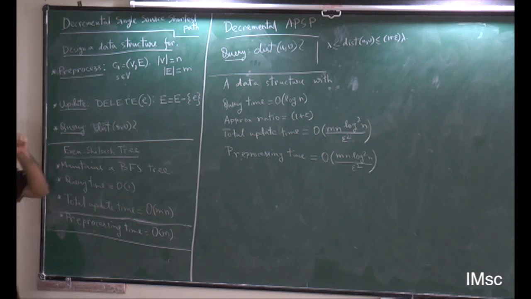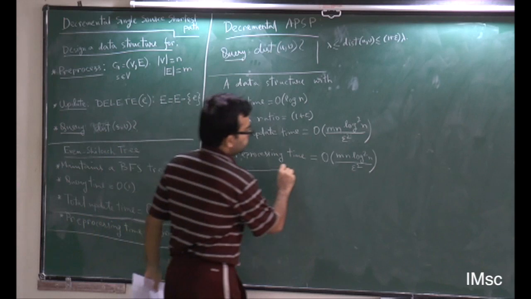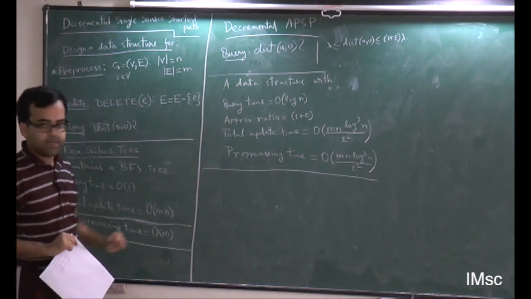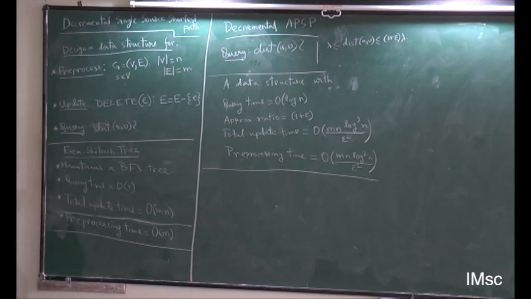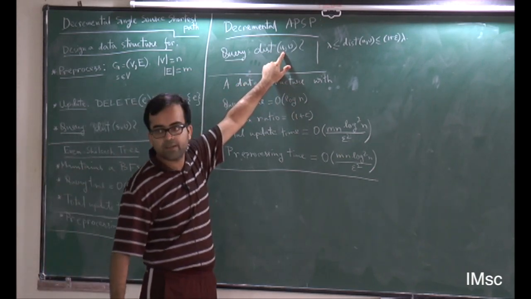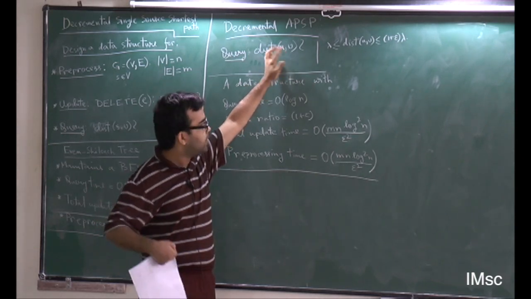So, now before proceeding any further, what is the trivial bound we can get, say in terms of total update time? The trivial bound is you just run n Even-Shiloach trees from each node in the graph, right. Then when you are asked the distance between u and v, just look at the Even-Shiloach tree rooted at u, see what is its distance from v and report that distance.